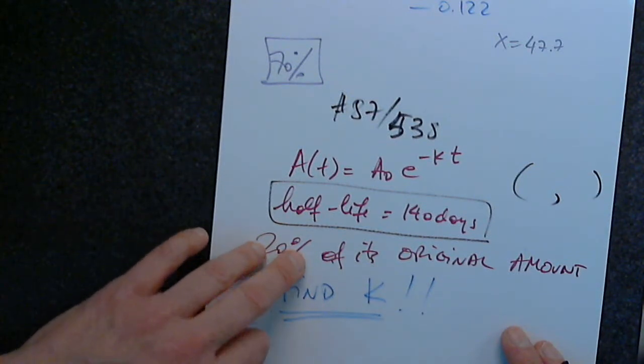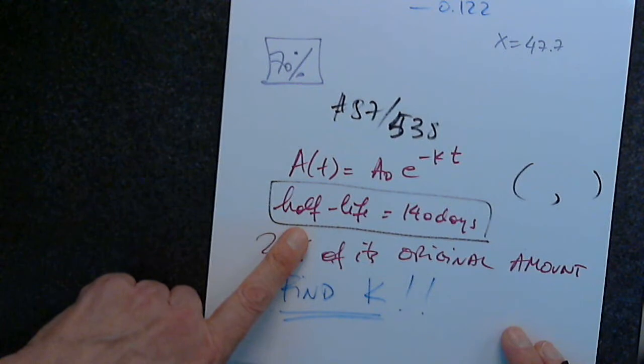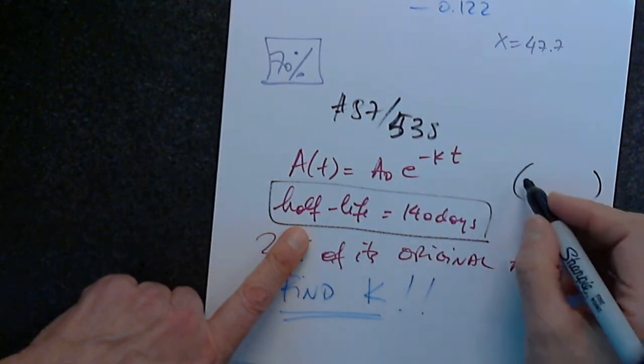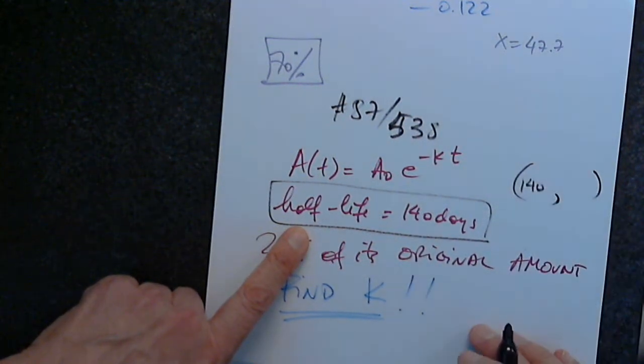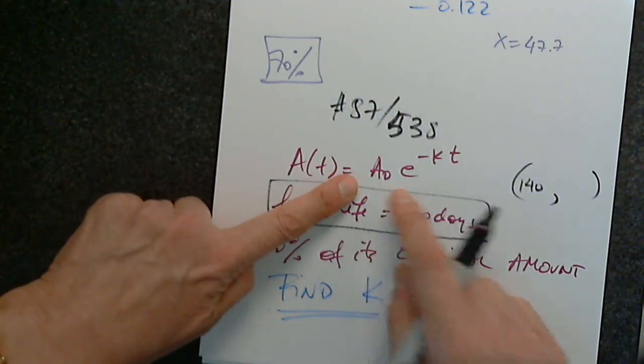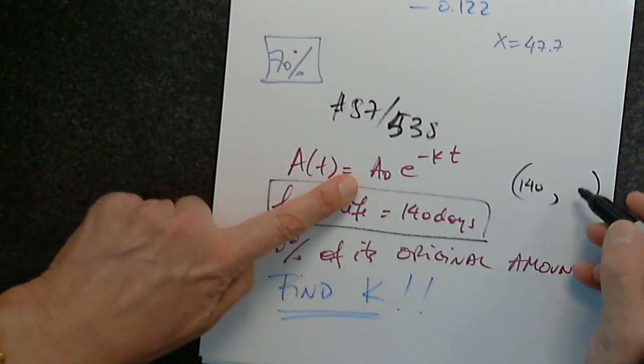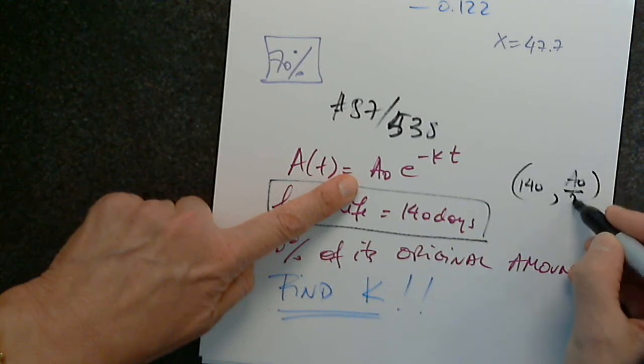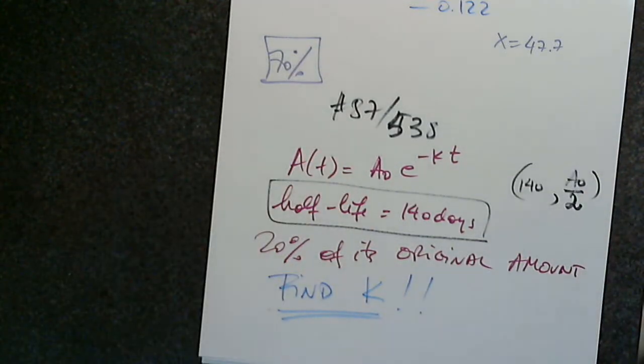Let's think about it together. So in 140 days, the amount we start with will be how much? A0 over 2. This is the point for half-life. We are told, remember, T, A of T, right?